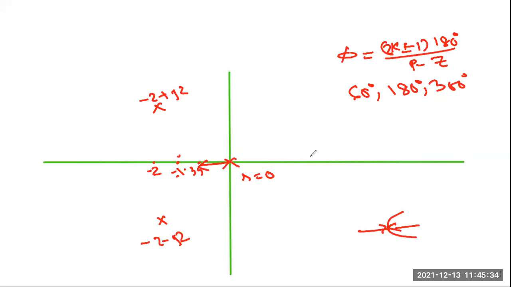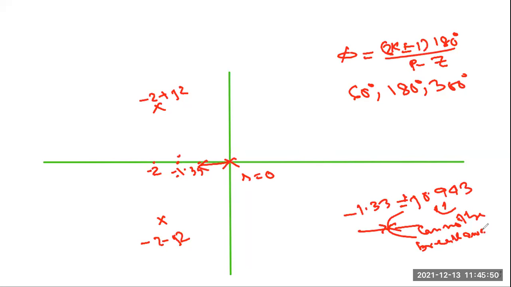So these two points, minus 1.33 plus minus j 0.943, cannot be your breakaway point. Is it clear? Yes, sir. Okay.